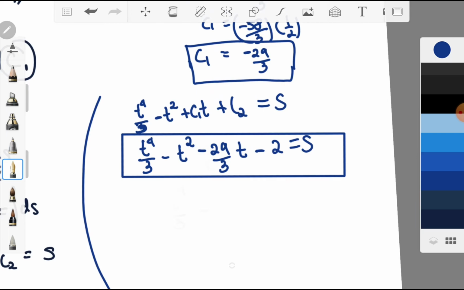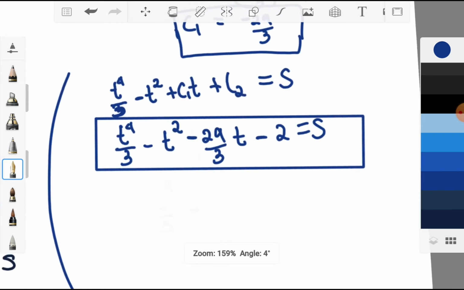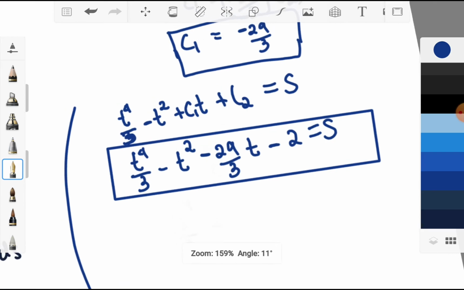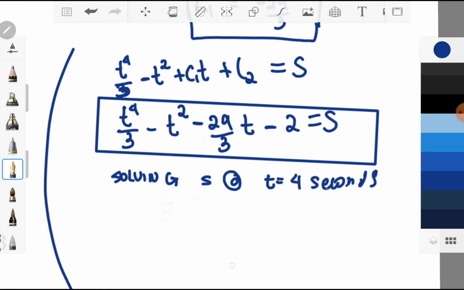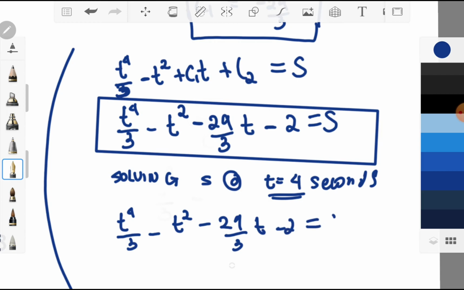After knowing your c1 and c2, let us solve for s at t is equal to 4 seconds. How? By simply substituting the value of your t. So we have t raised to 4 all over 3 minus t squared minus 29 over 3t minus 2 equals s.